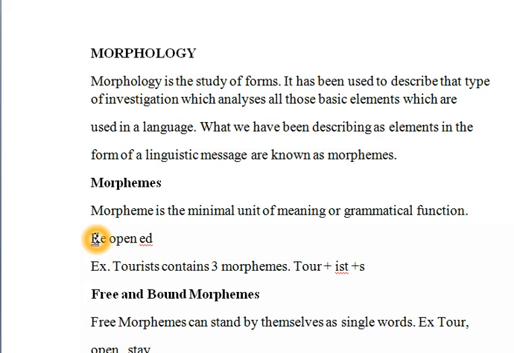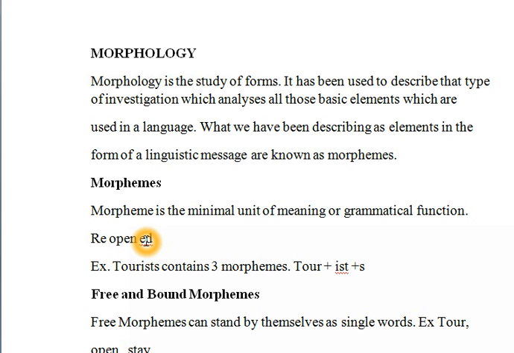We have re as a prefix here, and the root word or the stem word, open, and the last part is ed, which marks a verb here.